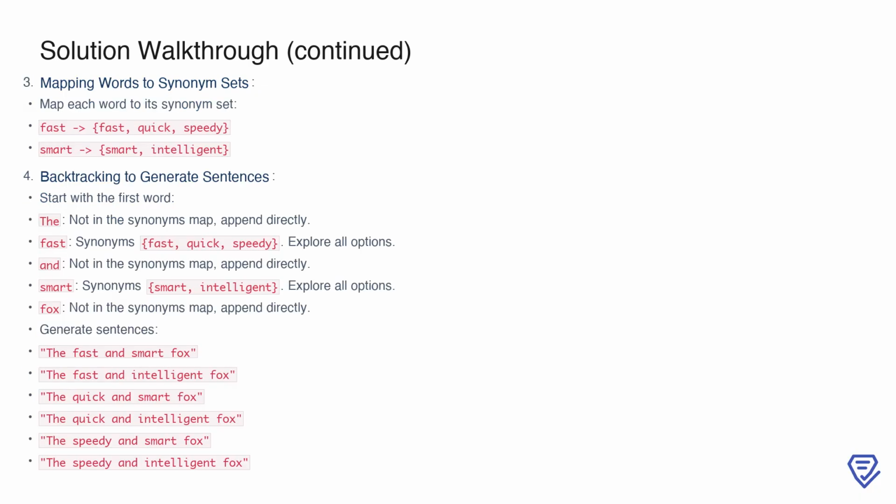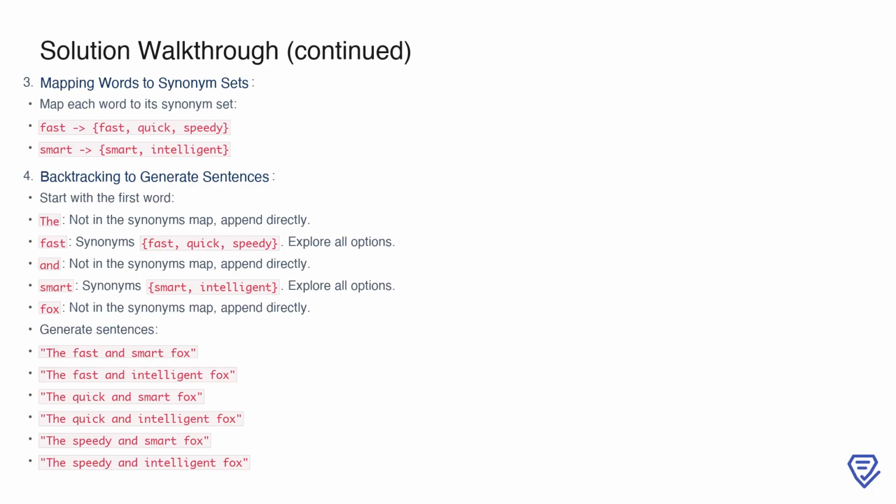Once the mappings are complete, we process the sentence, "the fast and smart fox." Starting with the first word, we see that it is not in the synonym map, so we append it directly. For fast, we find its synonyms in the set fast, quick, and speedy. We then explore all possible substitutions for this word. Next, we process "and," which is also not in the synonym map, so it is appended as is.